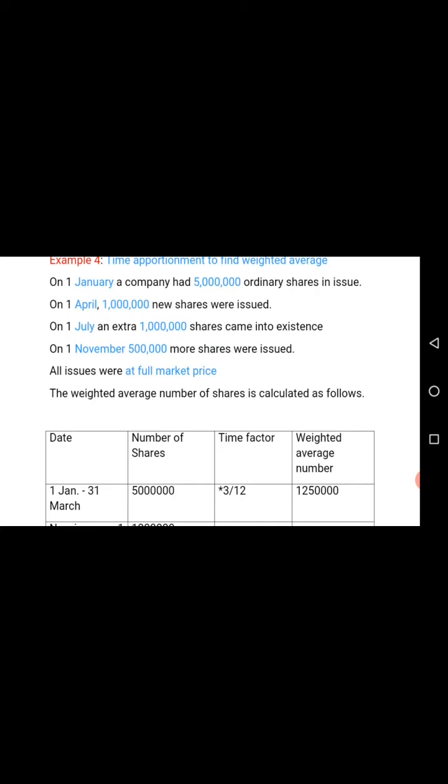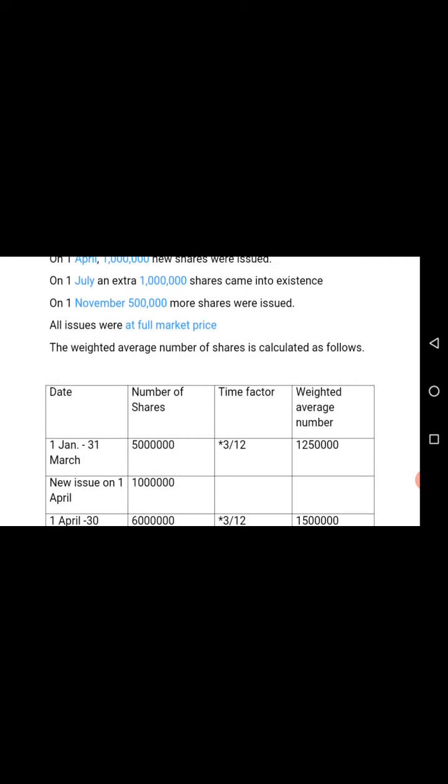So we have January, February, March. For those 3 months, the company had 5 million shares in issue. We are dealing with number, not amount here. So we have 3 months here, January, February, March.